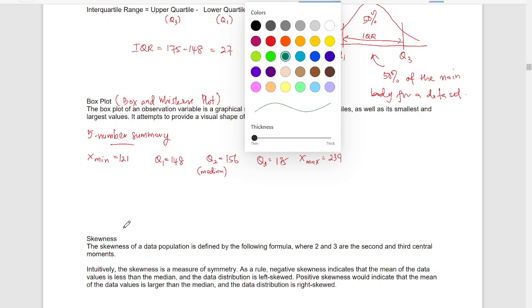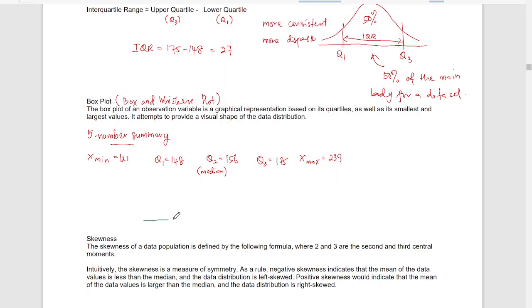Okay, first you need the scale. So you kena tuliskan dia punya scale dulu lah. In this case, your lowest is 121, the highest is 239. So mungkin kita boleh gunakan a scale of 10 lah kot. So kita buat a scale of interval 10.